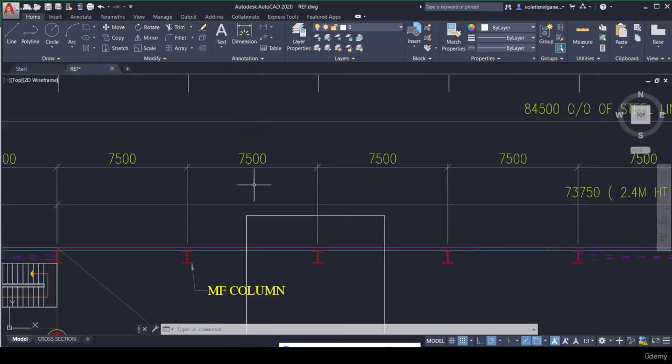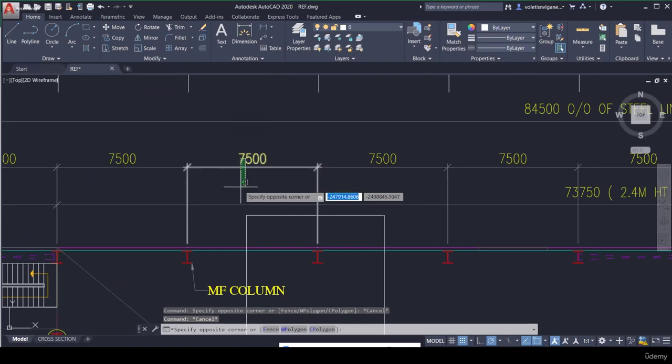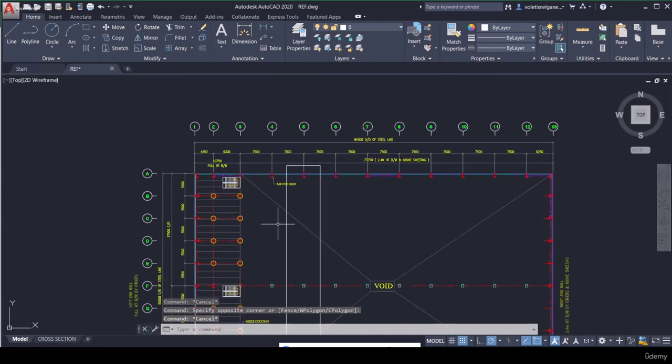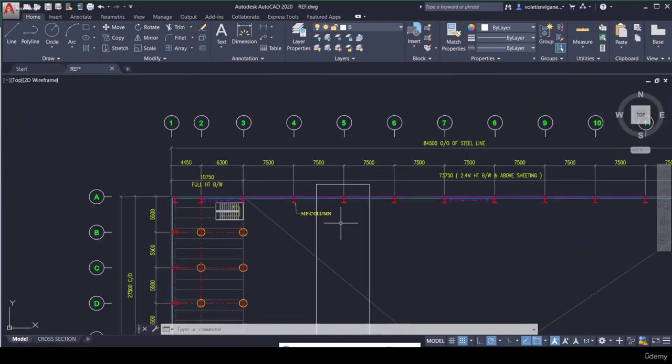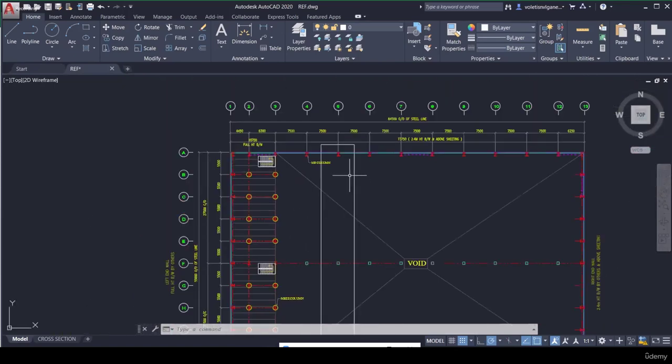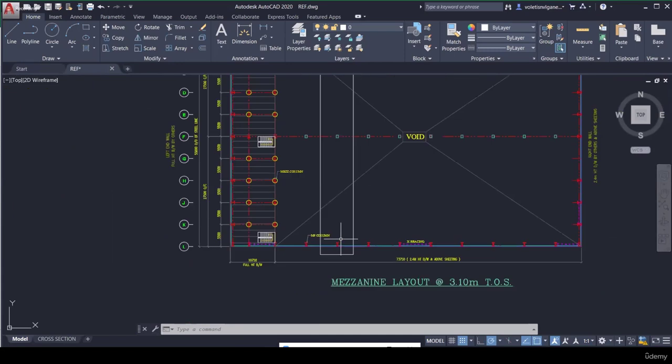How will it be 7.5? It is half of this bay spacing, half of this bay spacing. So this will be the effective tributary for this frame. You have to take a 7.5 meter tributary to design the loads on this frame.